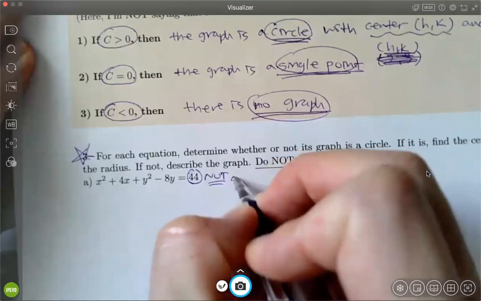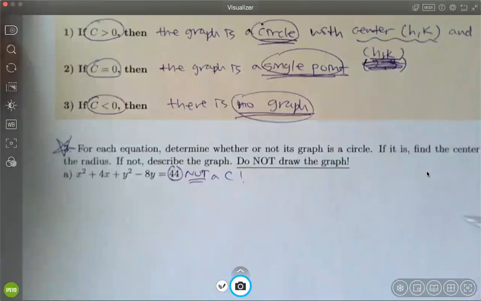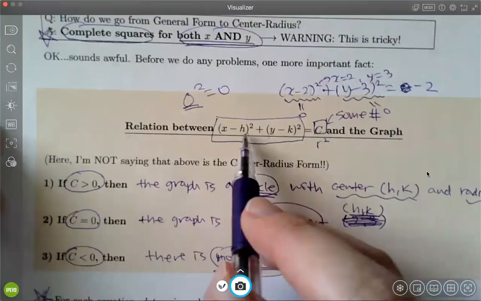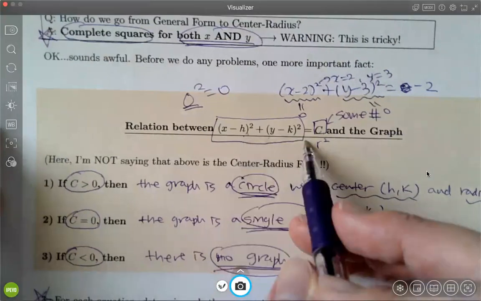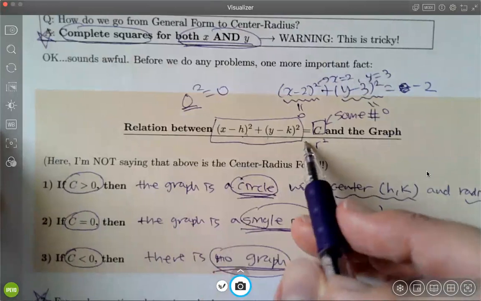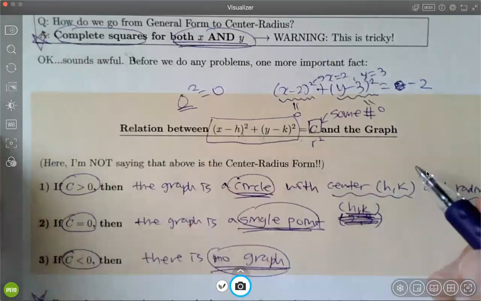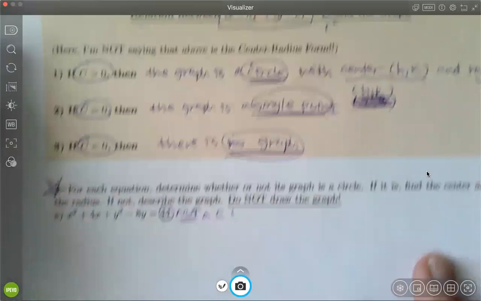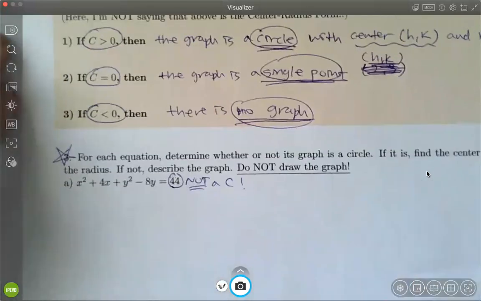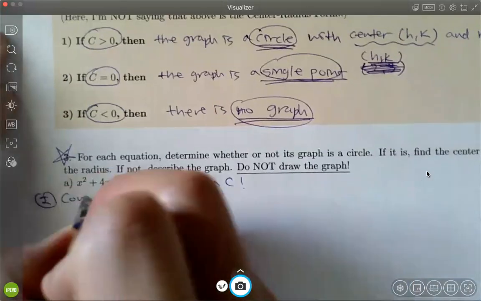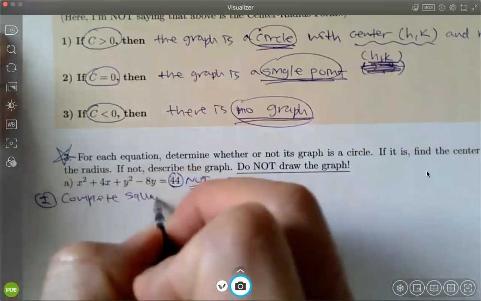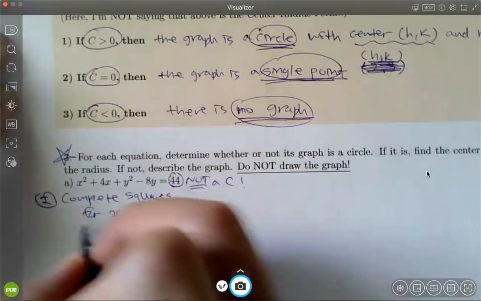So what do you first have to do? Express it something like this. And what's that process called? Complete the squares. So step number 1, you have to complete the squares for x.